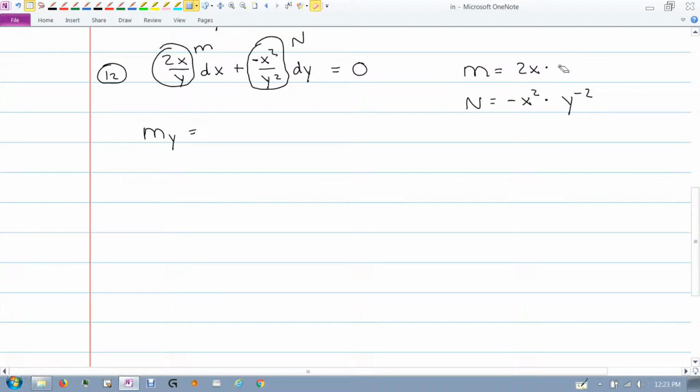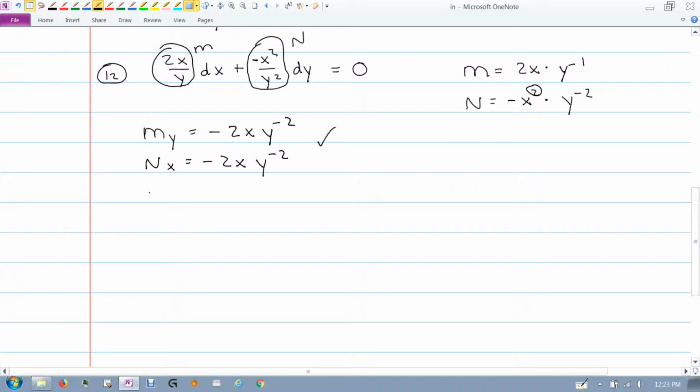This 1 over y, I could have written as y to the negative 1. Now when we take the derivative of that with respect to y, the negative pops out, negative 2x, y to the negative 2. And then we take the derivative of N with respect to x, we get power rule just on this. So 2 pops out, so negative 2x, and then we already had y to the negative 2 there, so it checks out. They're exactly the same.